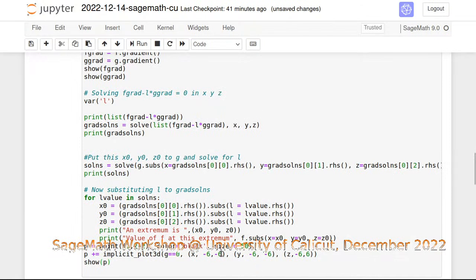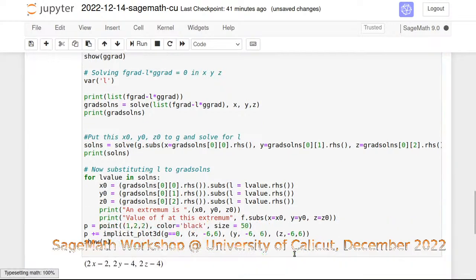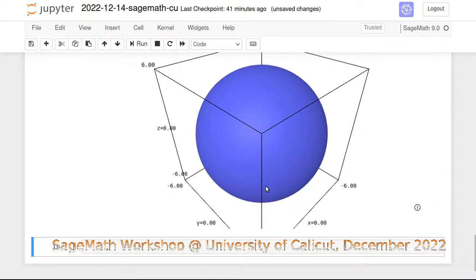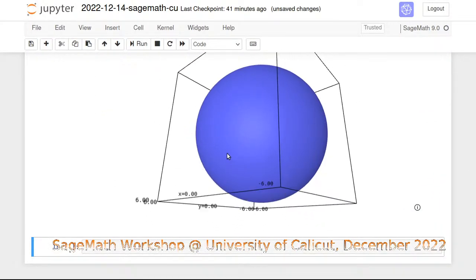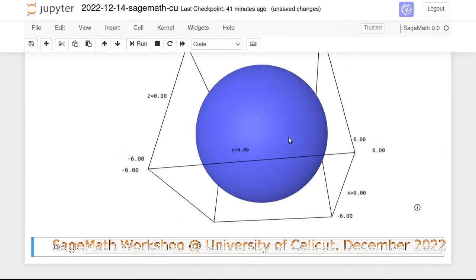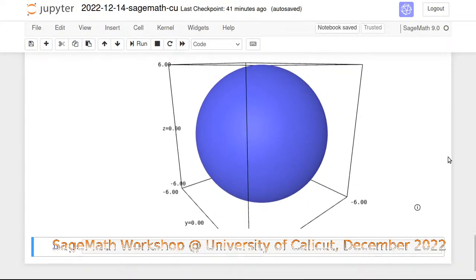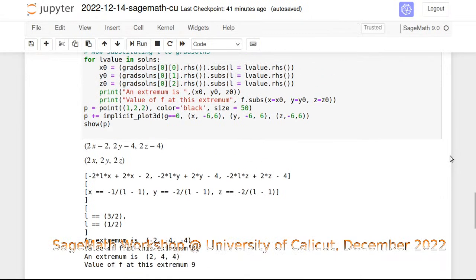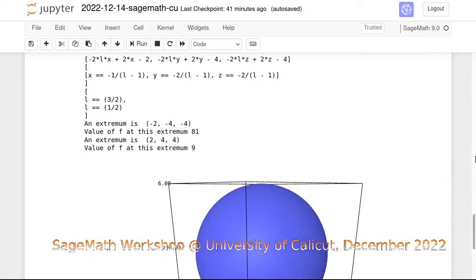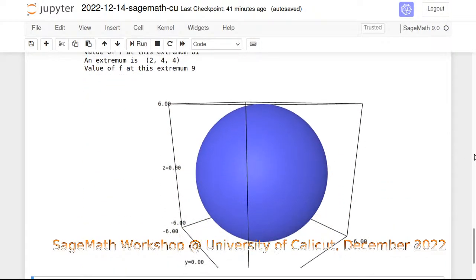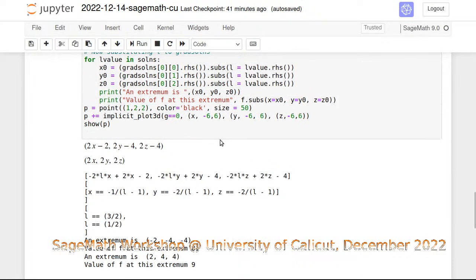Oh, sorry, minus 6, that's wrong. But where is the point? Have we not added the point? Only the sphere is appearing.